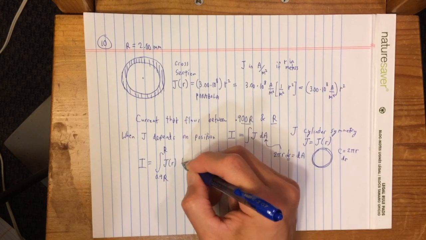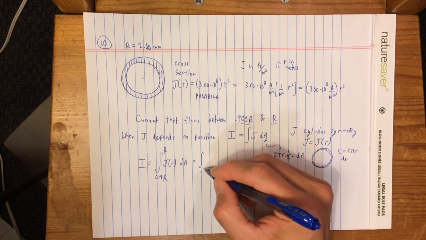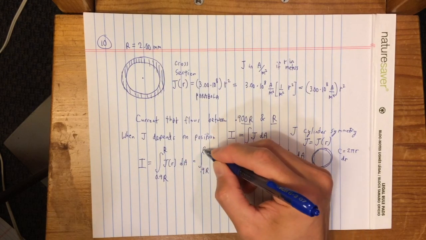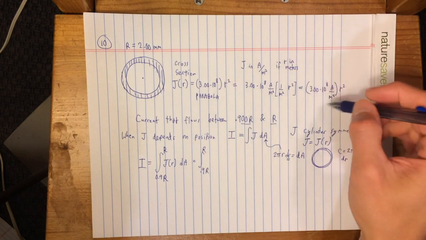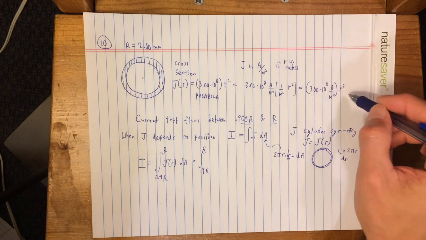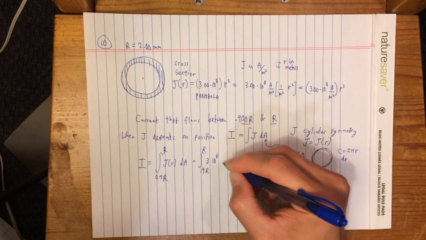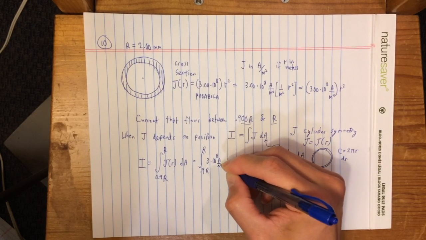J of r is 3 times 10 to the 8th amps per meter to the 4th, times r squared.